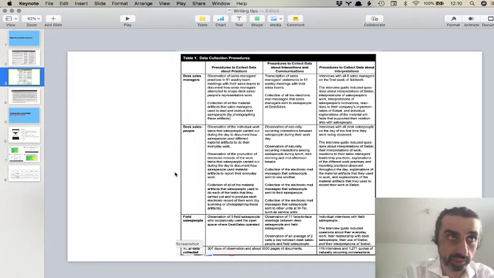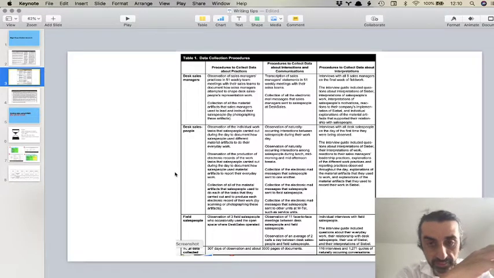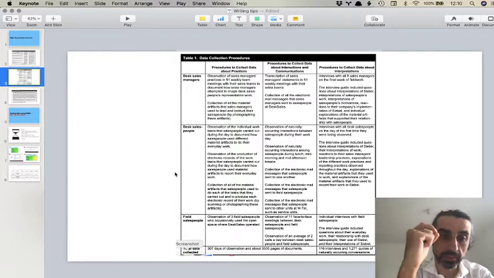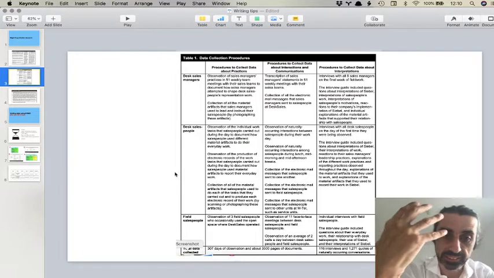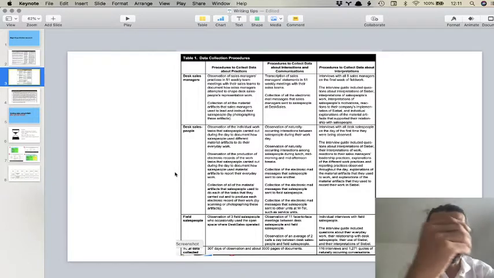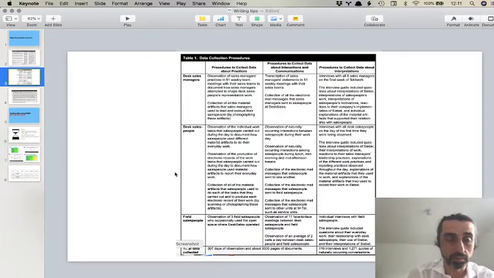But here, in the data collection, I was not able, when I was doing my field work, I still didn't have the idea for this paper. This is a paper that finds a phenomenon in the data, which is this phenomenon of transfiguration work.